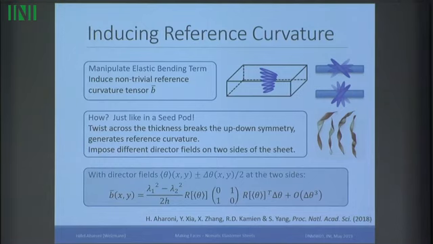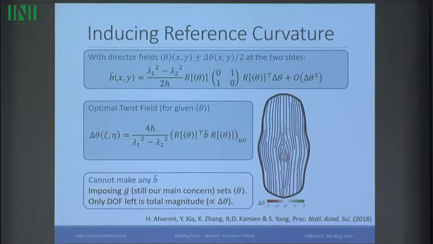And given the amount of twist that I put at every point, I can directly calculate the induced reference curvature. And I can go the other way and solve for the twist field at every point. That gives me, in a sense, the best reference curvature that I can put.